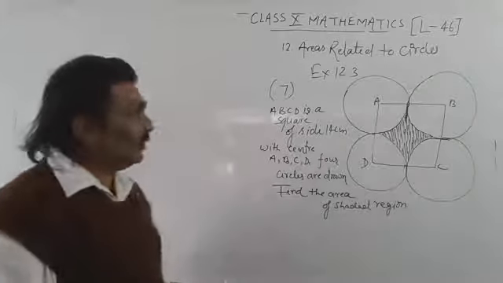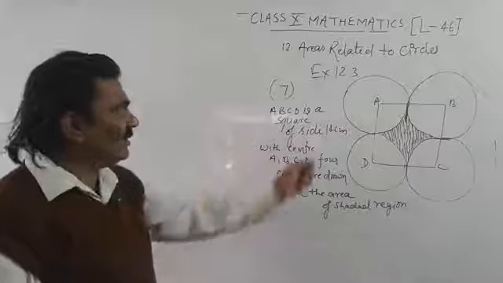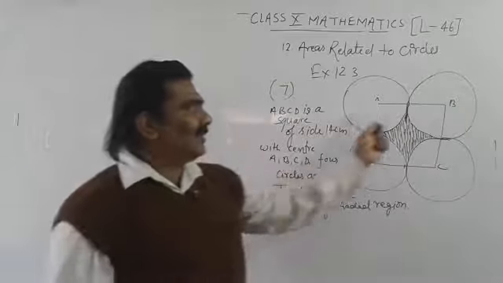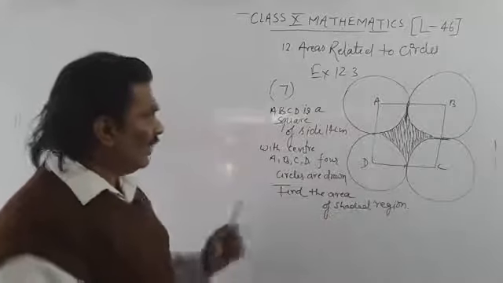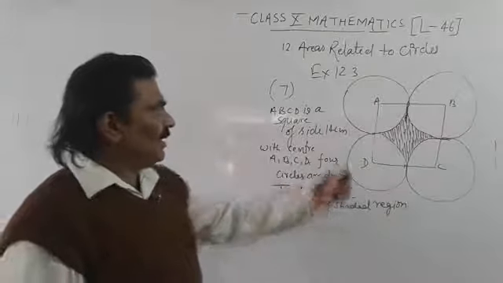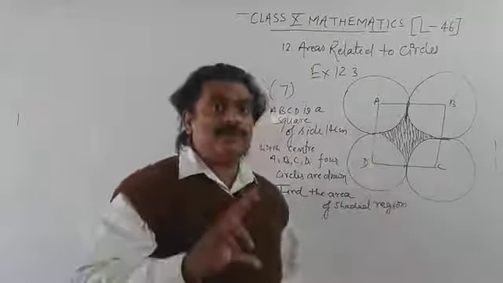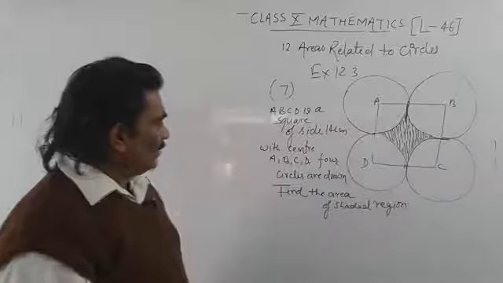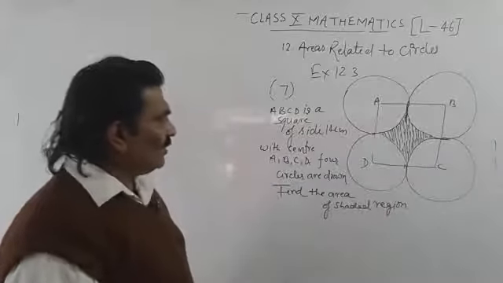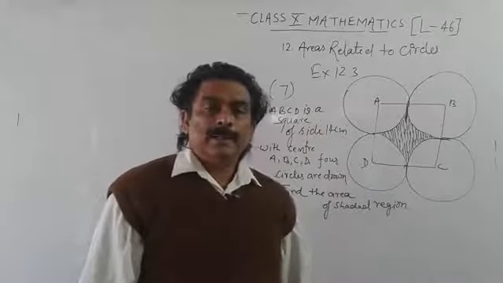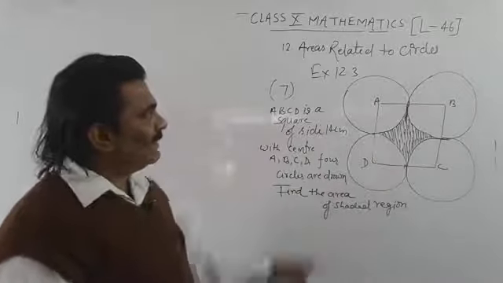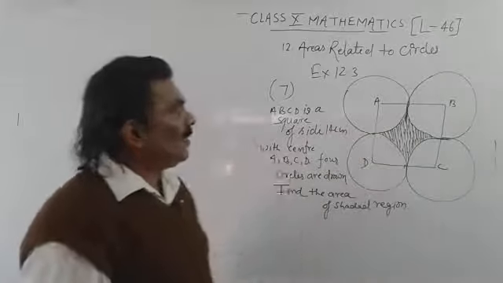Okay students, so here we have a square ABCD, whose side is 14 centimeter. ABCD is a square of side 14 centimeter, and A, B, C, D are the centers of four circles drawn. Find the area of the shaded region.